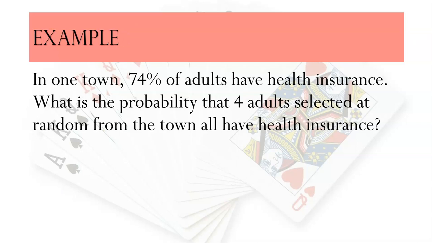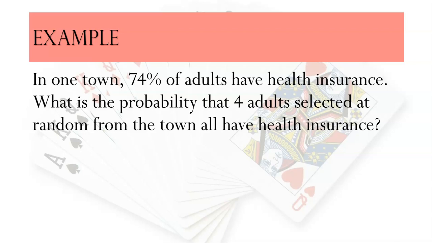For the next example, it says in one town 74% of adults have health insurance. What is the probability that 4 adults selected at random from the town all have health insurance? This is another situation where we're combining things together with the word "and." What's the probability that adult 1 has health insurance and adult 2 has health insurance and adult 3 and adult 4?